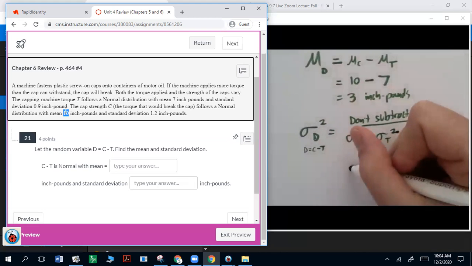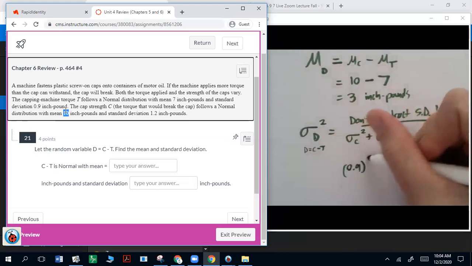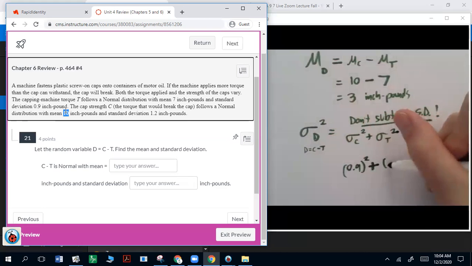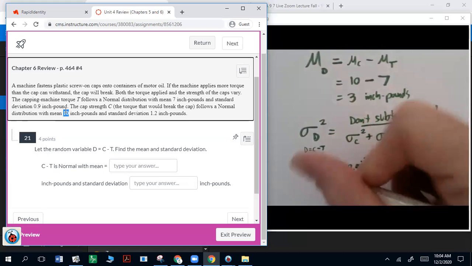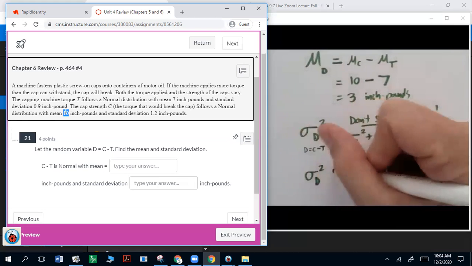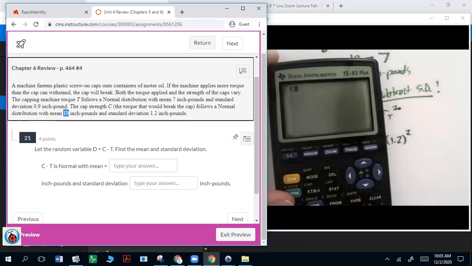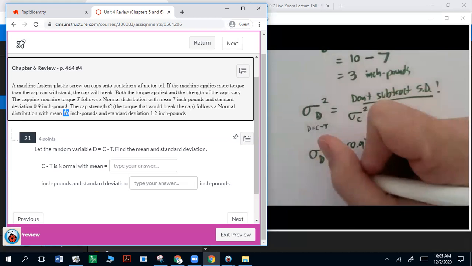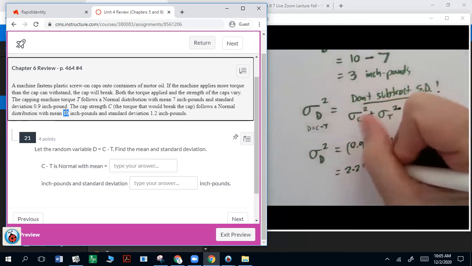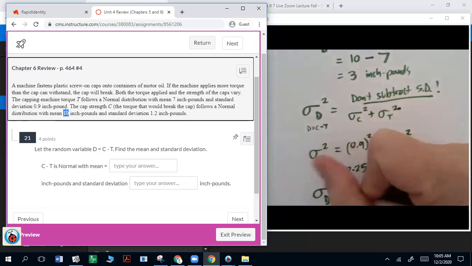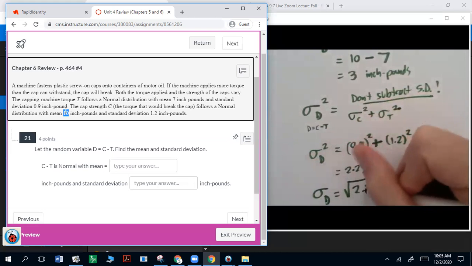So we have 0.9 squared plus 1.2 squared. That's your variance. So let's square those and add them together. And you can see that's 2.25. So the standard deviation of D is the square root of 2.25.